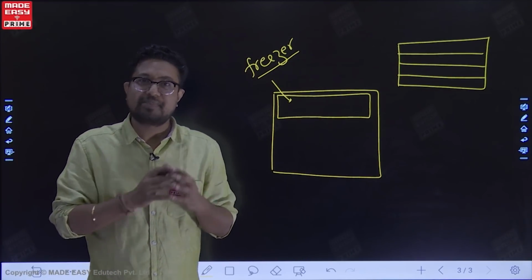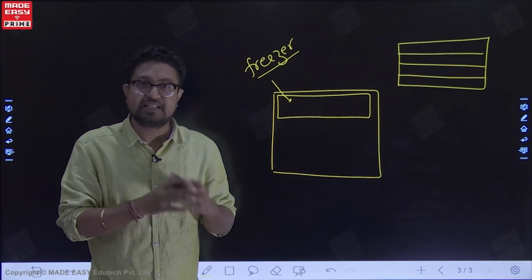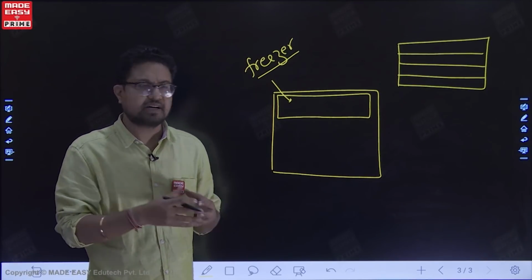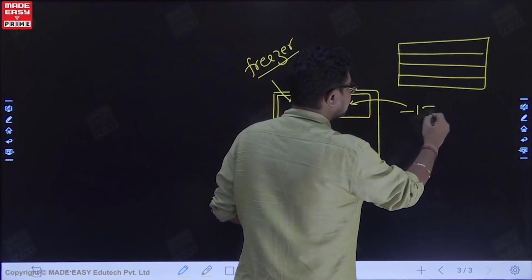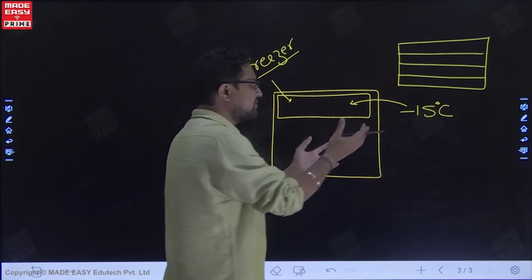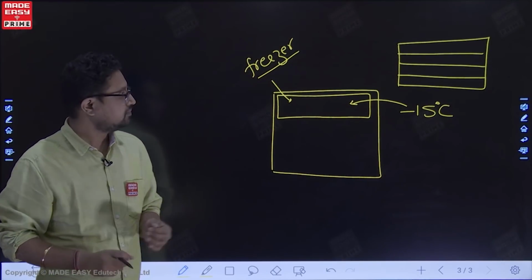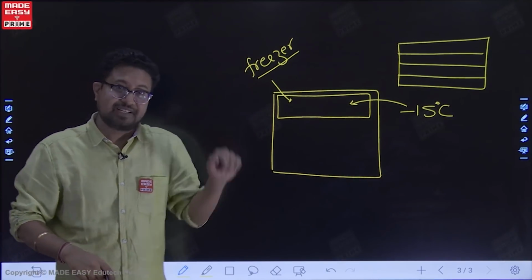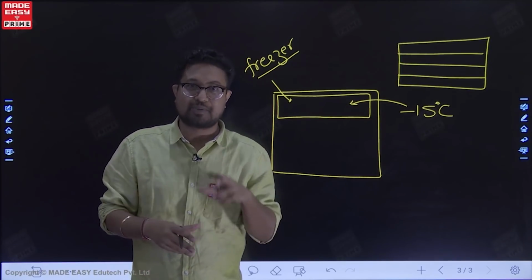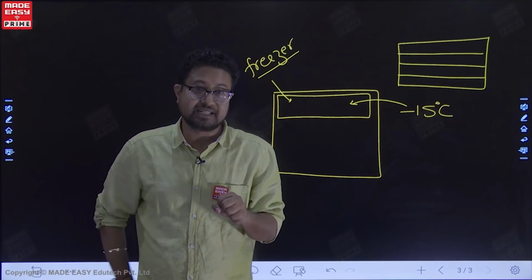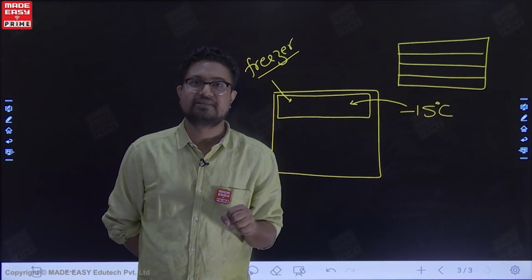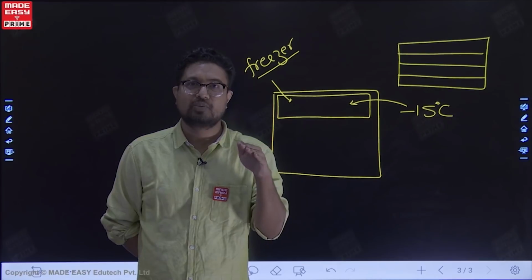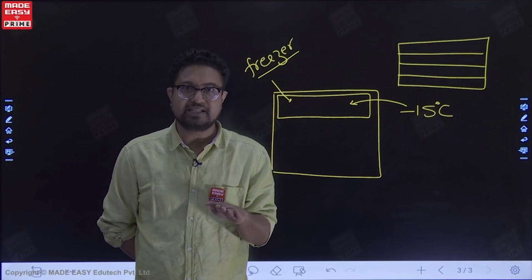And what is your requirement for the temperature to be maintained in the freezer section? Let me take a general value. Suppose we want to maintain a temperature of minus 15 degrees Celsius. So if the refrigerant has to absorb heat from minus 15 degrees Celsius, the refrigerant should enter here at a temperature lower than this, right?